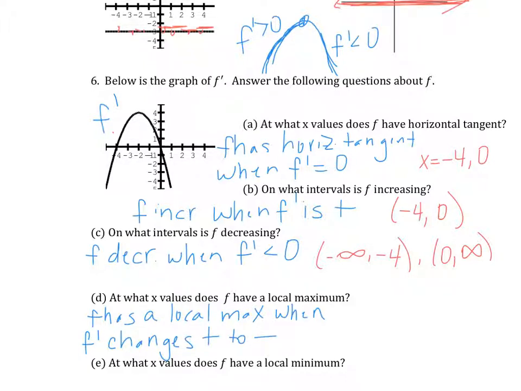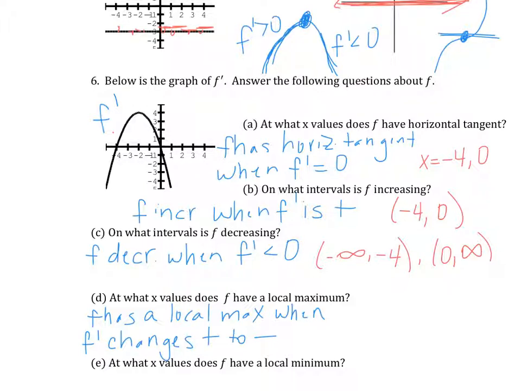Do not say when f prime equals 0. Am I saying that f prime equals 0 right here? Yes. But you have to give a justification that is true always. In this example, f prime is equal to 0, but it's not a maximum. So f prime equaling 0 is for horizontal tangent and horizontal tangent only. You cannot justify a max or min that way.